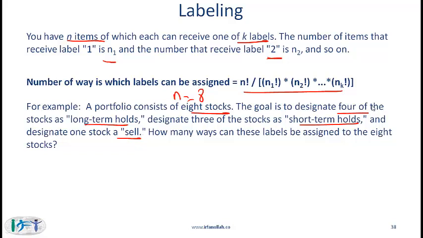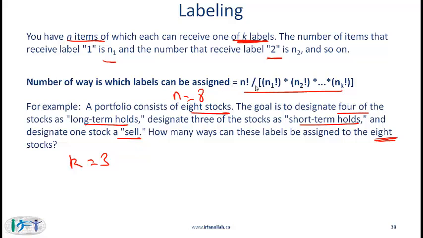Now notice each of these is a label. So long-term holds is a label, short-term holds is a label, sell is a label. So k is equal to 3 because k is the number of labels. The question is, in how many ways can these labels be assigned to the 8 stocks?